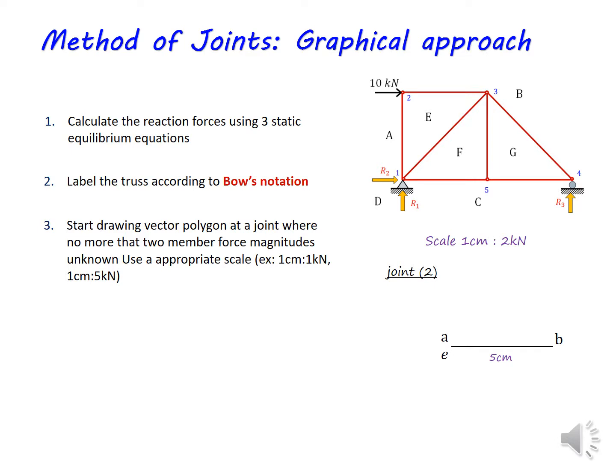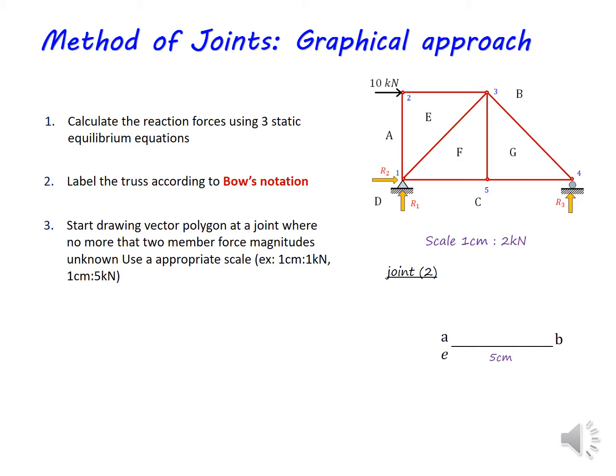Right. Now this is the vector polygon for joint 2. I think you may have noticed that I drew the member forces following the clockwise direction. In your case, you can follow either the clockwise or anti-clockwise direction, but make sure that you follow the same method throughout the joints that you are drawing to get all the member forces.